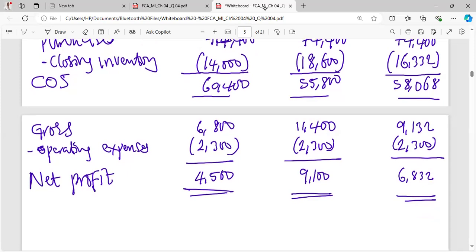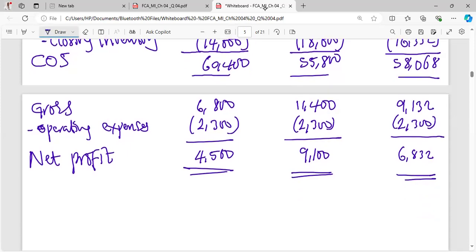So I'll write it down here. I'll use a different pen.